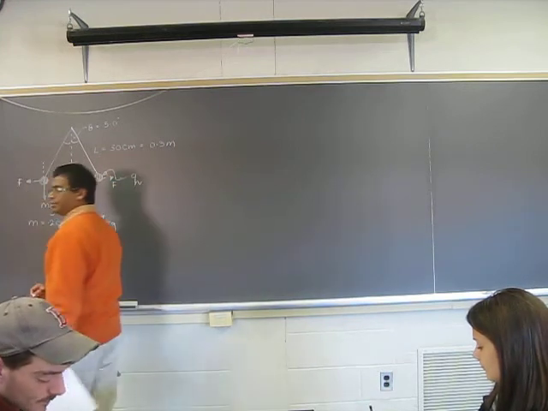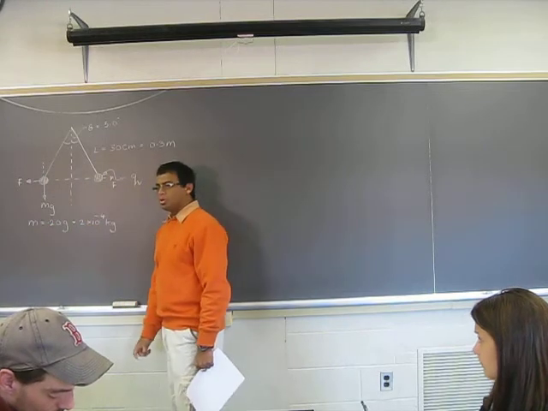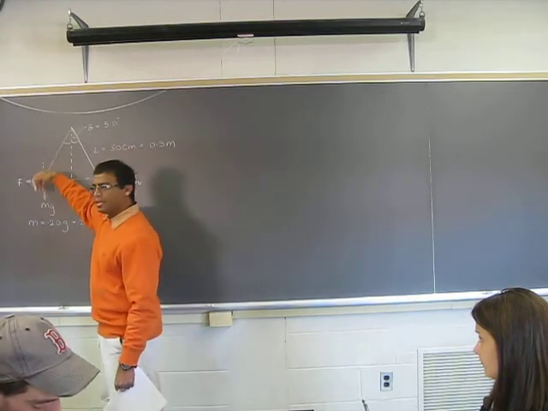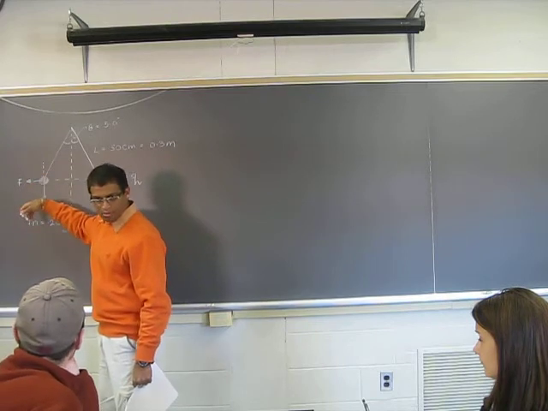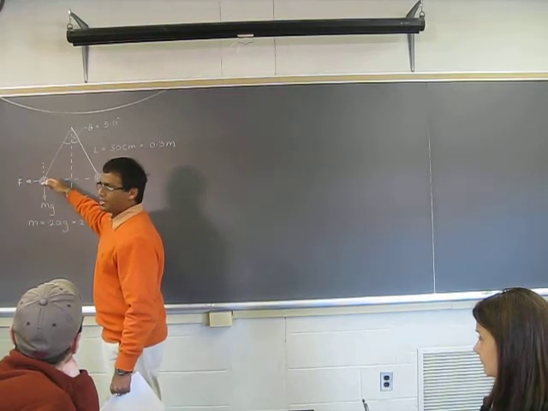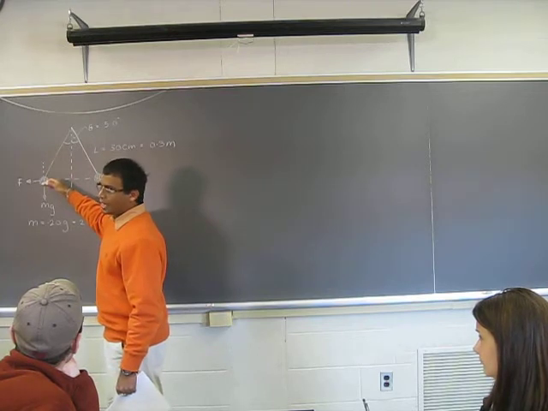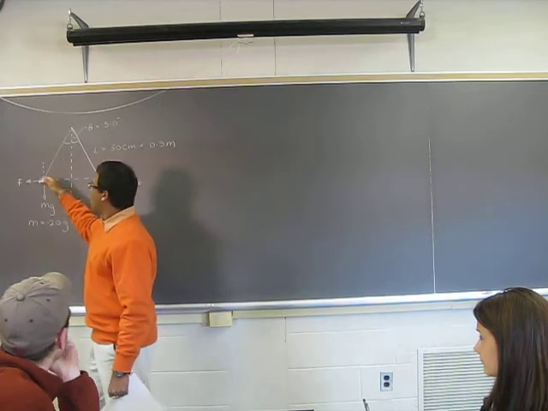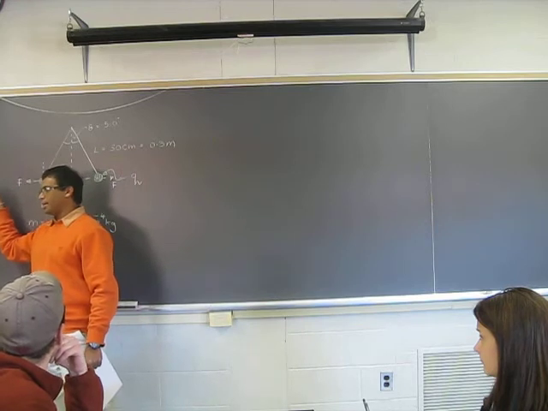And then there's another thing. We have two forces now. We have a weight that is pushing the mass down. A force, what we can clearly say is electrostatic repulsion, pushing this mass this way.